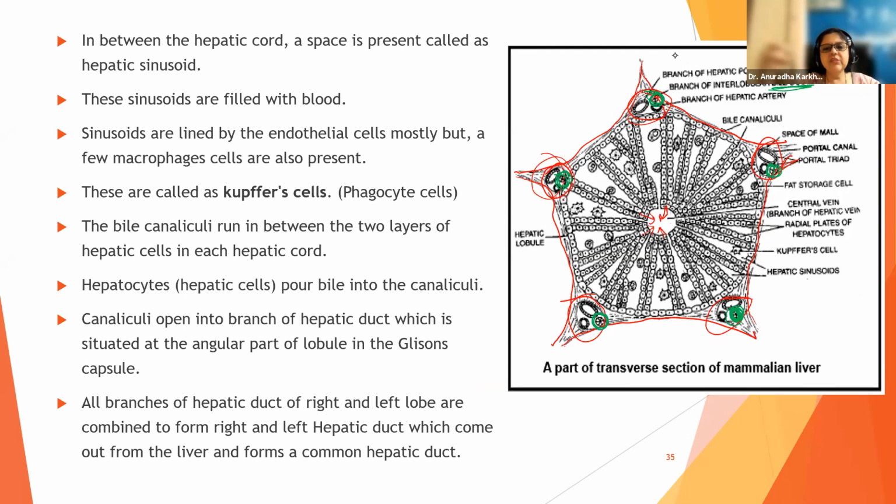All the branches of these bile ducts will combine eventually to form the right and the left ducts. So the right duct and the left duct will then combine to form the common hepatic duct. The common hepatic duct and the cystic duct of the gallbladder will then combine to form the common bile duct.